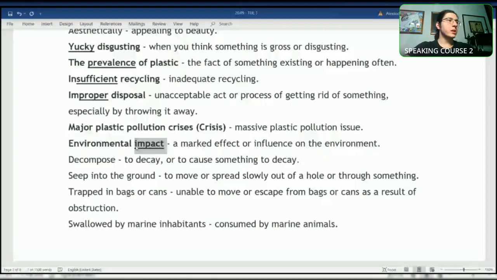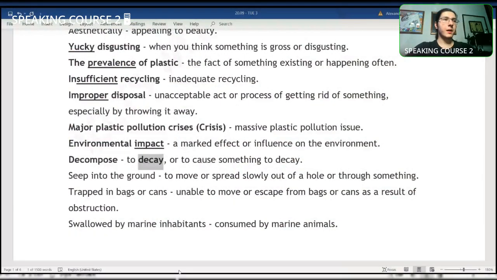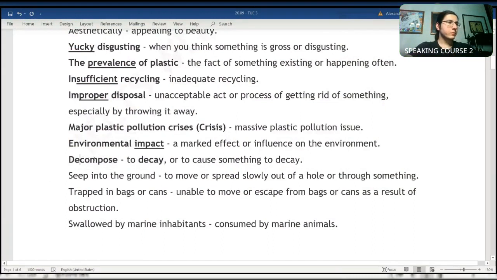Next is decompose. Decompose is the synonym of the word decay. Basically, it means to become nothing, right? The word compose, I'm going to actually underline that, means to be a part of something, right?